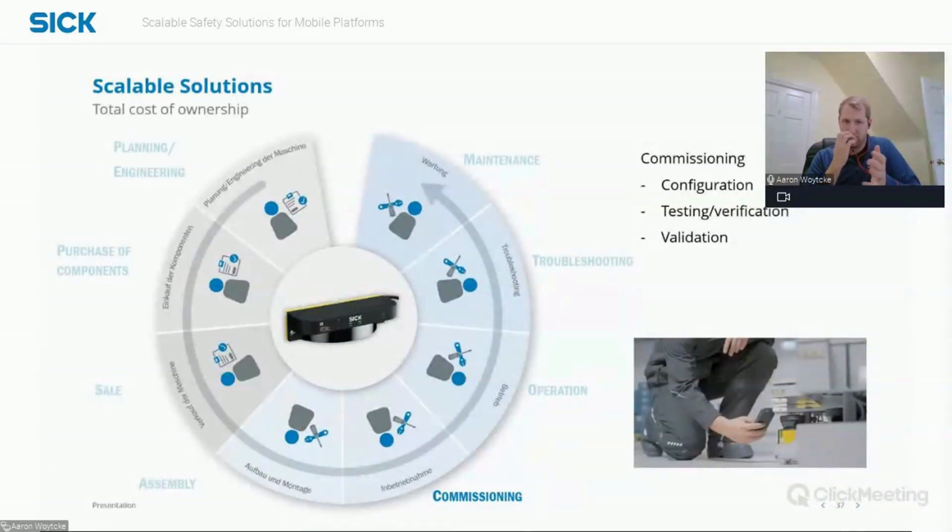So if you look at fleet deployment and a lot of these mobile platforms running around, it's very rare that you get just one vehicle that needs commissioning and rollout. So being able to configure all of these effectively is going to be critical.